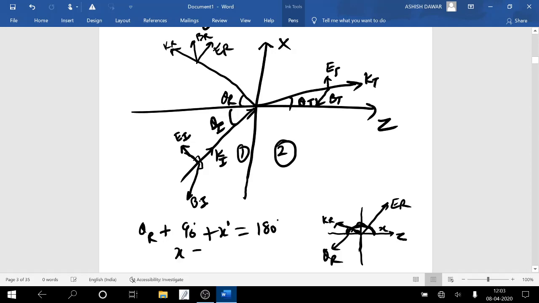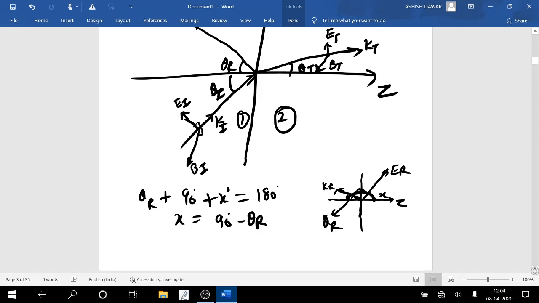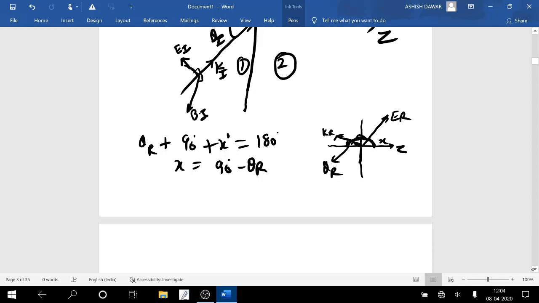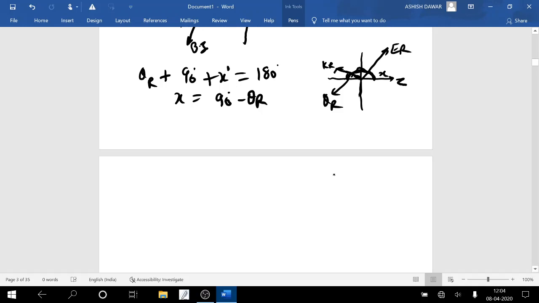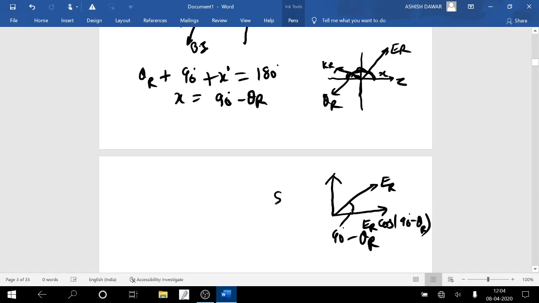So angle X equals 90 minus theta R. Now if we resolve the components, this is our ER, which makes an angle 90 minus theta R. So here we have the cos component, cos(90 minus theta), and here we have sin(90 minus theta).